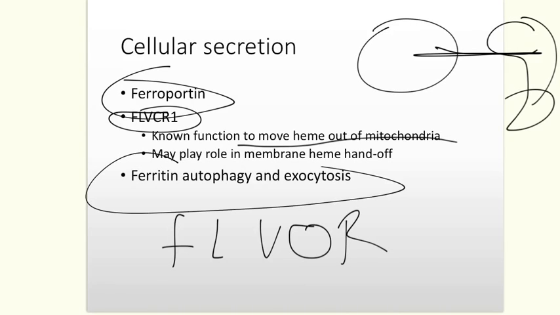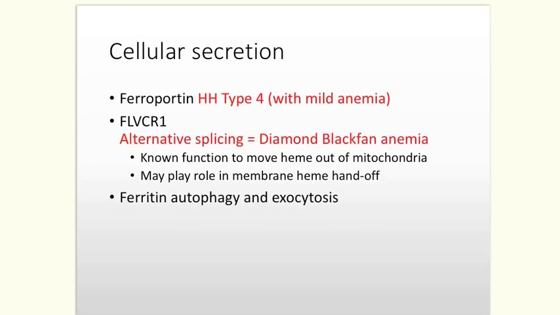And of course, there is also a lot of secretion of ferritin, and that makes up the laboratory basis for our ferritin test. A defect in ferroportin causes hemochromatosis type 4. This presents with iron overload and mild anemia.